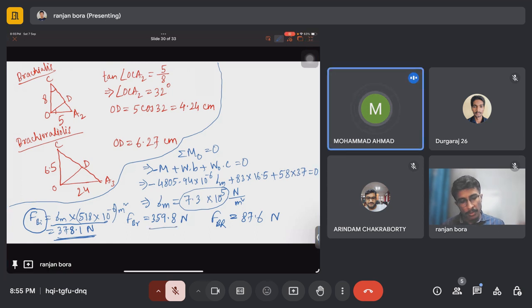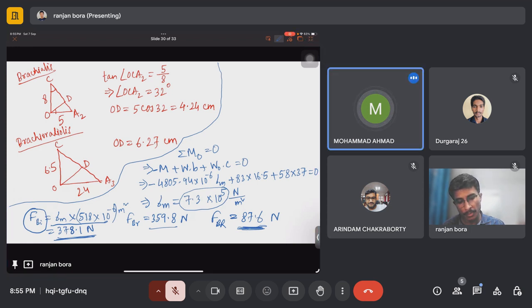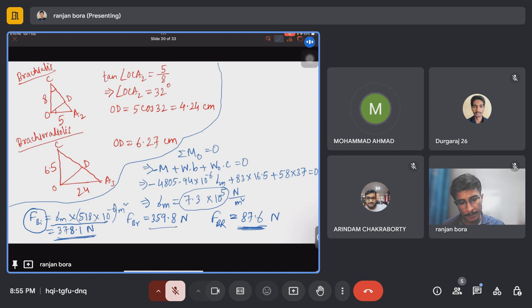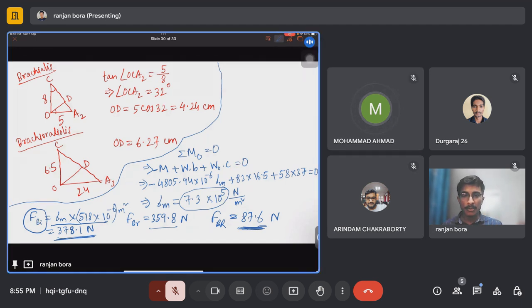Sir, I am checking. Yes, sir, exactly this is the one. Sir, it looks reasonable. Previously we were getting very large value, which was not reasonable to us.